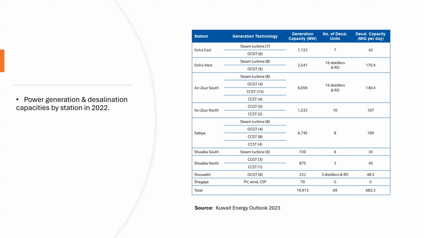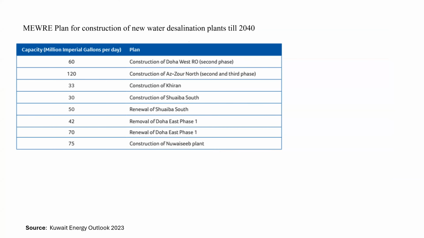It's a renewable project that uses solar and wind. However, it's not connected yet or used for any desalination purposes, and as far as I know, there are no plans so far to consider that.